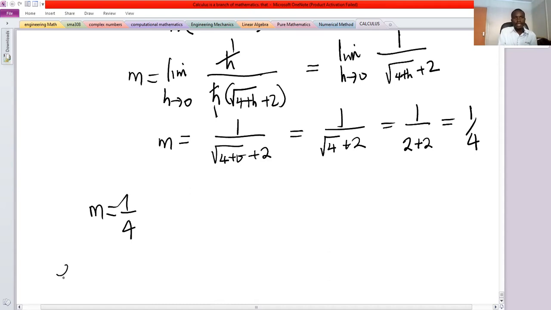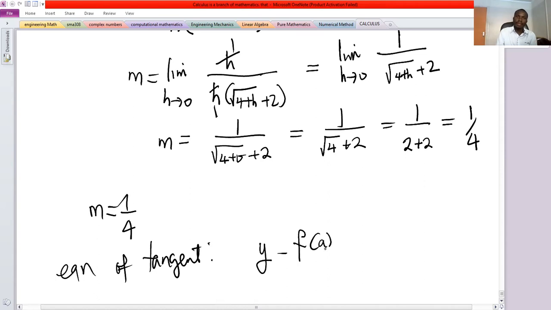And the equation of the tangent: y minus f of a equals m into x minus a. A for this case is 4.